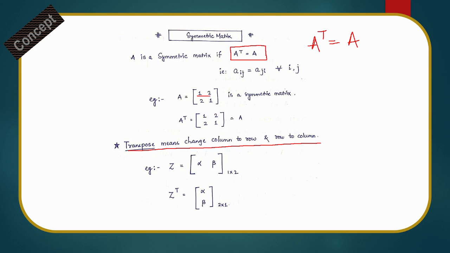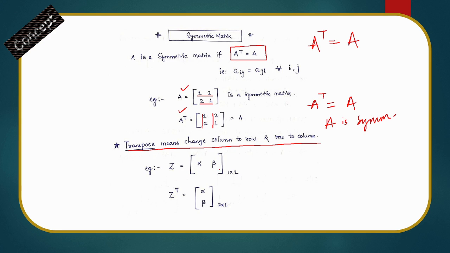So this row is changed to this column and this row is changed to this column. 1 2, 1 2, 2 1, 2 1. So here these matrices are coming as equal, so you can say A transpose equal to A. So A is a symmetric matrix.